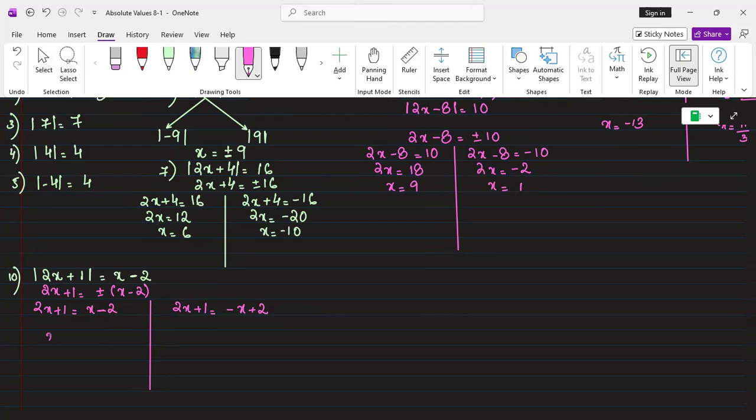Now shift this x to the left hand side and minus 1 to the right hand side, which turns out to be minus 3, and x is equivalent to a positive 1.